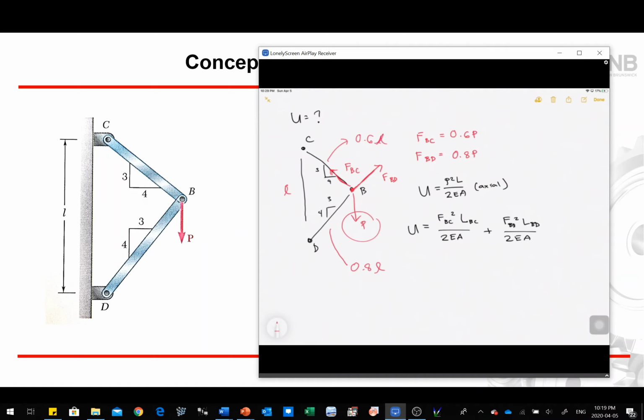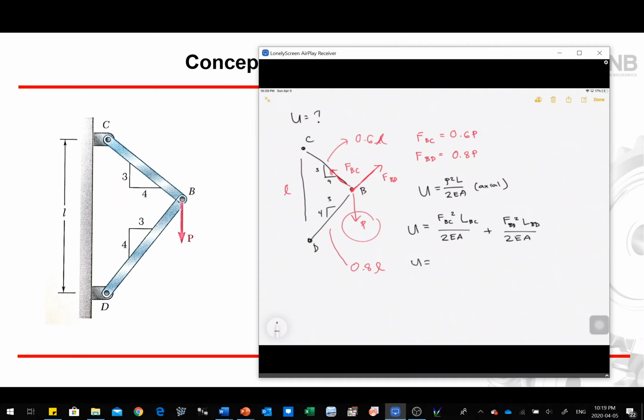So based on those lengths, we can now go back to our equation and substitute the numbers. For your strain energy U, that's going to be equal to FBC squared.